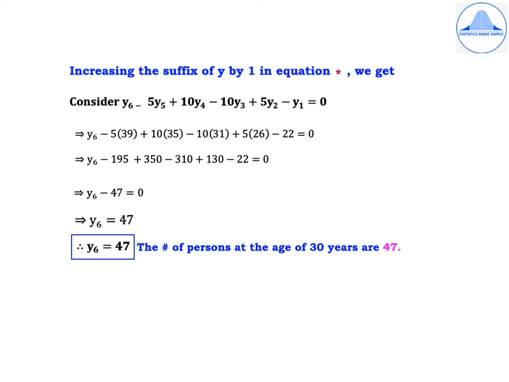Therefore, we get y6 is equal to 47. That is, the number of persons at the age of 30 years are 47.